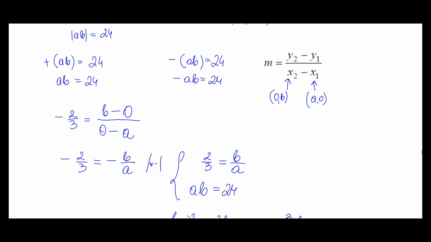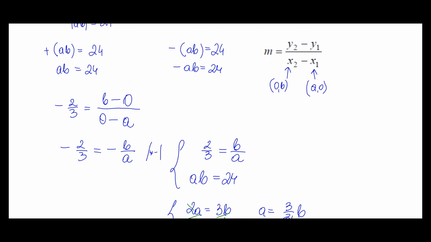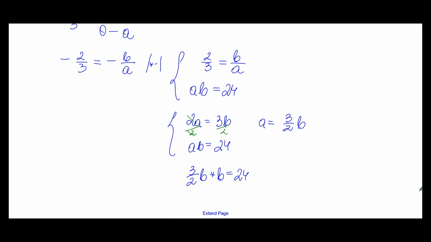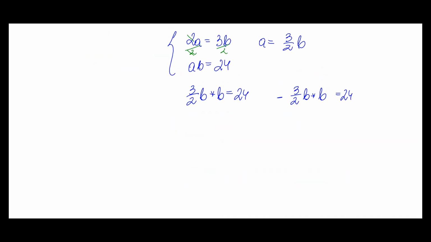Now, let's not forget that I have that second version with the minus. So I will be considering it, but it's enough for me to solve. Let's replace that. So 3 over 2 B multiplied by B, with the minus here, equals 24. So I have the two versions for the two values of B.